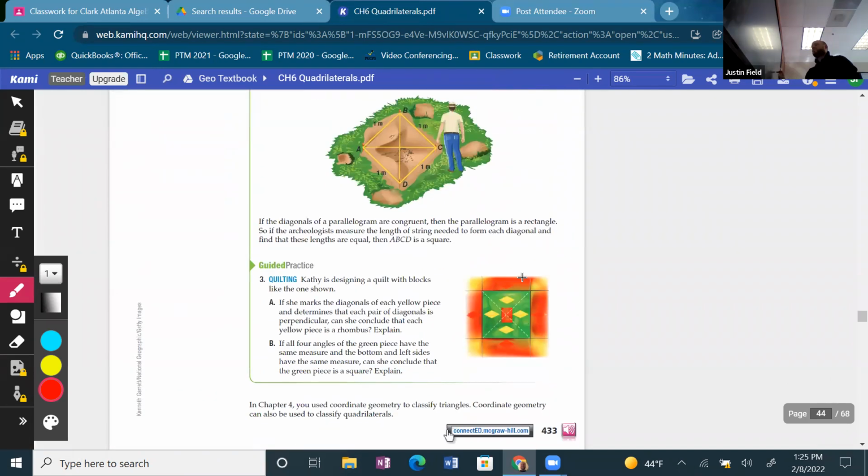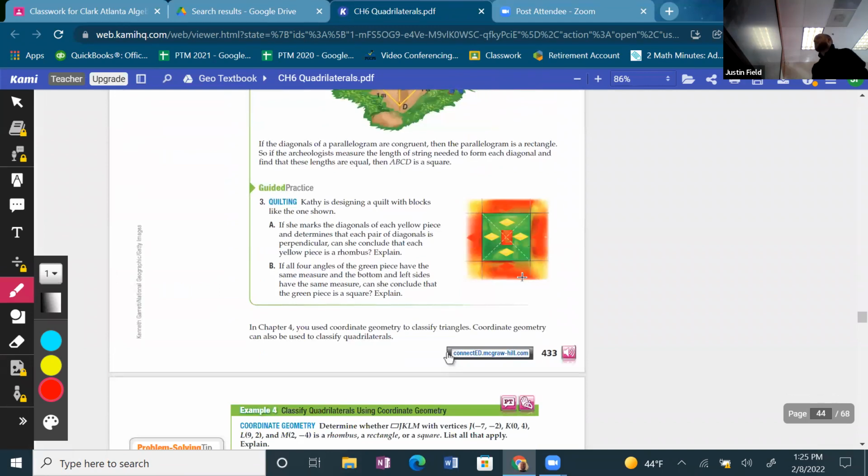Pretty cool, huh? All right, Kathy is designing a quilt with blocks like the one shown. If she marks the diagonals of each yellow piece and determines that each pair of diagonals is perpendicular, she can conclude, well, if the diagonals are perpendicular, then it's a rhombus.